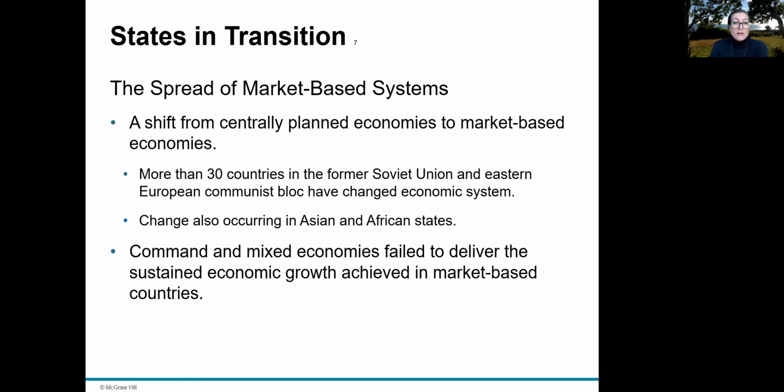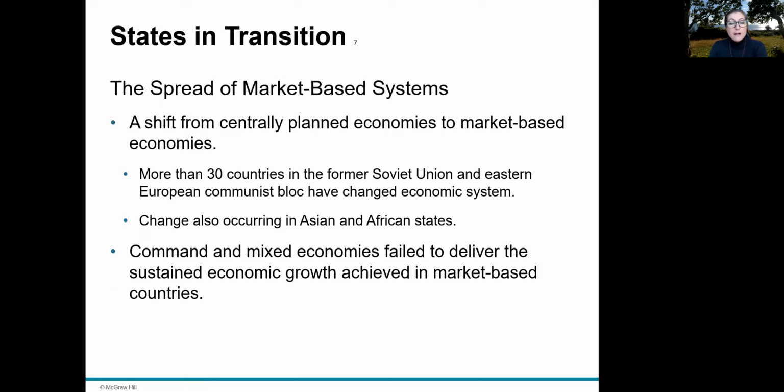What we do recognize currently is that there is a shift from centrally planned economies to market-based economies. More than 30 countries in the former Soviet Union and Eastern European communist bloc have changed economic systems. And we also see this same change happening in Asian countries and African states.